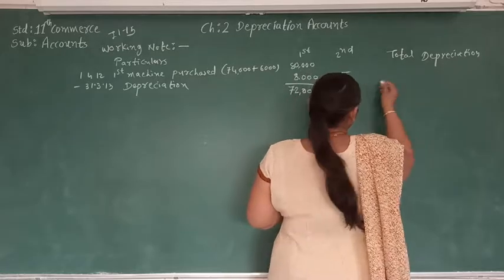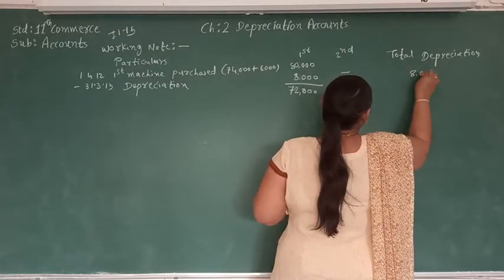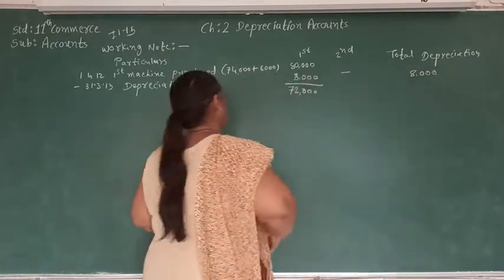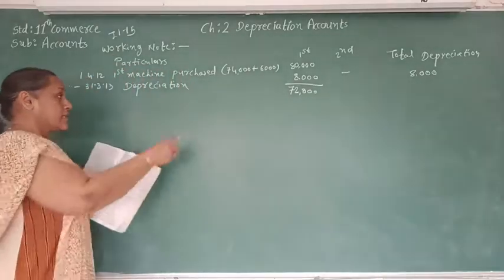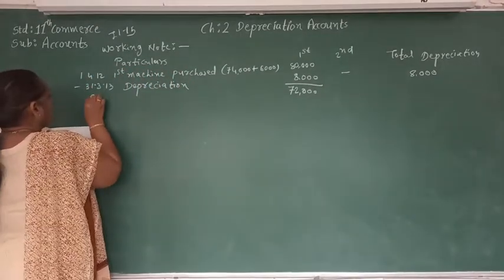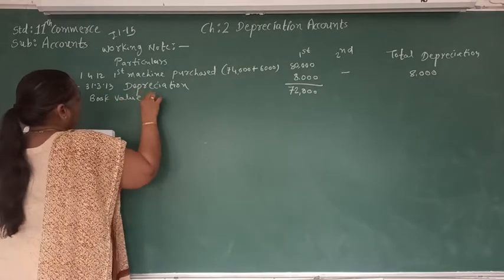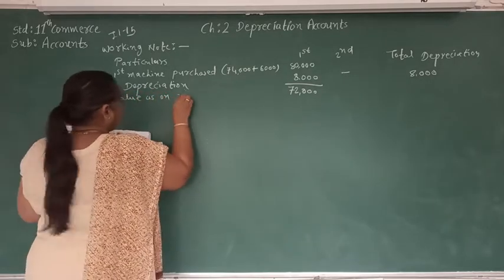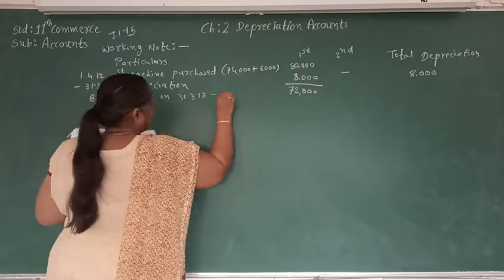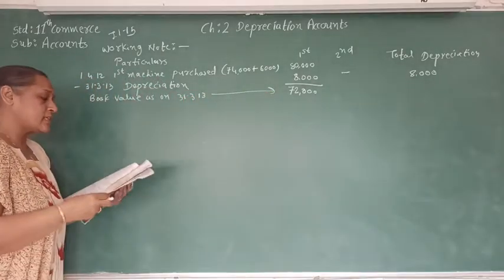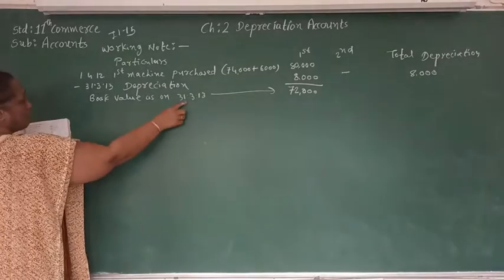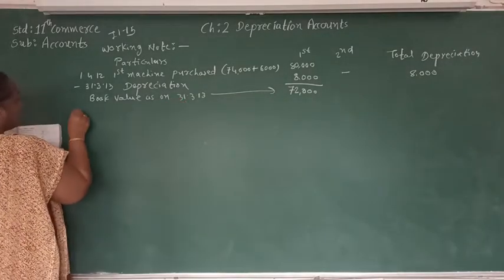Here the second machine is not there, so the total depreciation of the first year will be 8,000. Now this is the book value as on 31st 3/13.